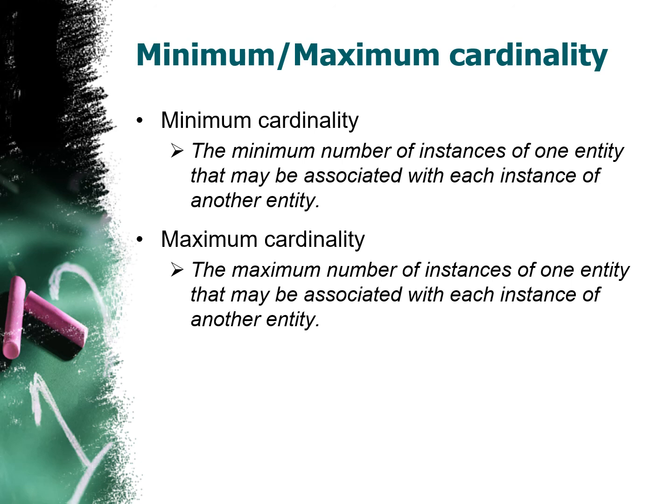Maximum cardinality is the number of instances of one entity that may be associated with each instance of another entity. Just imagine a bicycle can only have one rider, right? So there's only one. A car can only have one driver. That's where you can imagine cardinalities.